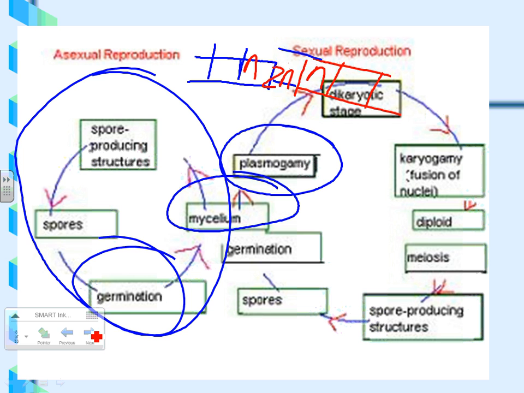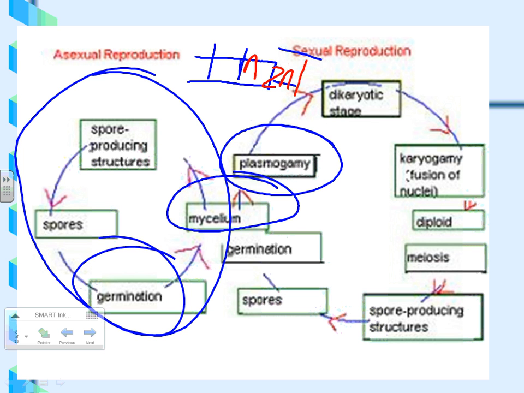When it has two separate nuclei, the cell is said to be dikaryotic. Dikaryotic simply means what? Two nuclei. Karyo means nucleus. So plasmogamy, fusion of the cytoplasm, leads to a cell that has two nuclei. It's called dikaryotic. Two what kind of nuclei? Two haploid nuclei.